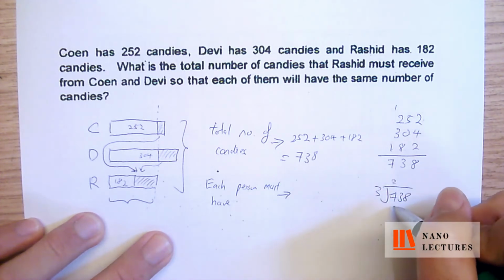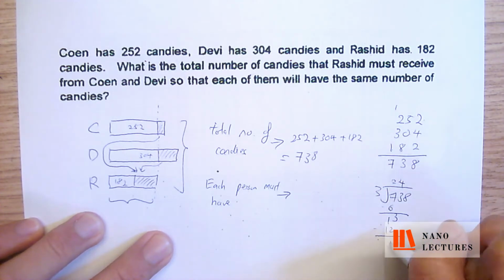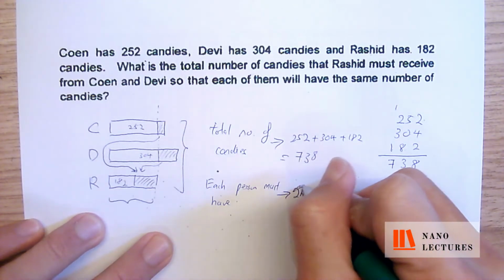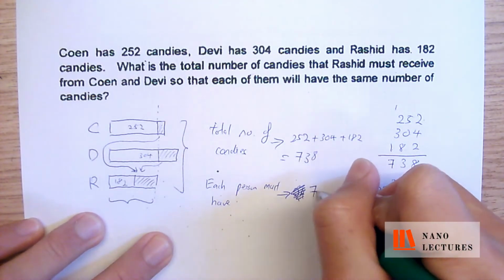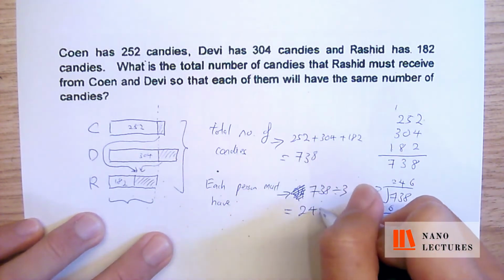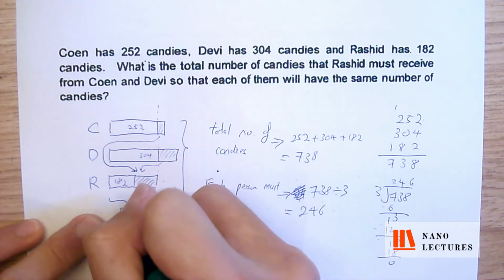That will give us 2, 6, 7 minus 6, 1, 3, 4, 4 times 3, 12, 1, 8, 6 times 3, 18. So that comes out to an even 246. Sorry, write the working first. 738 divided by 3 giving us 246. So each of them must have 246.